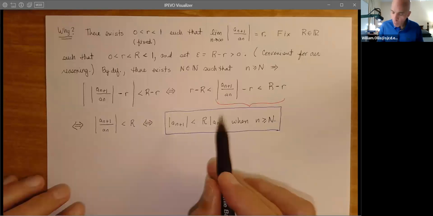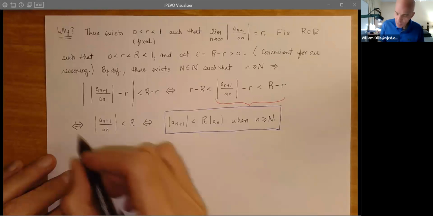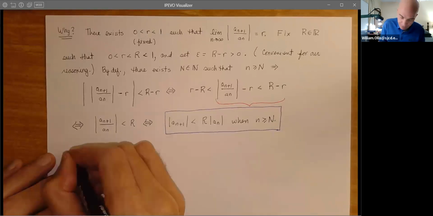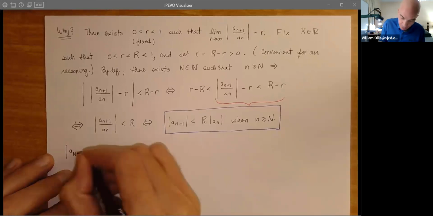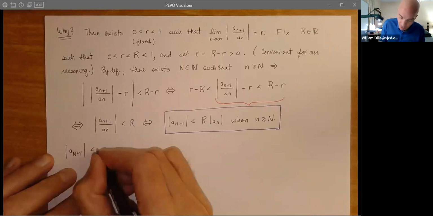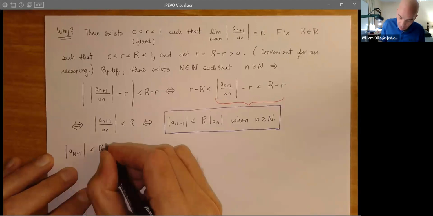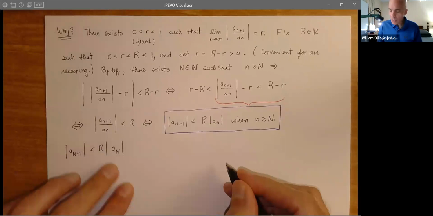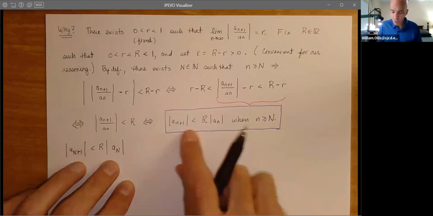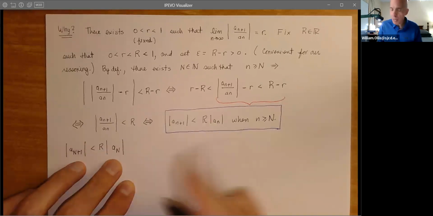So now we're thinking, okay, well, what does this give us? Well, a sub n plus 1 in absolute value is less than r times a sub n. Okay, well, Professor Ron, you just replaced n with big N. Okay, well, what about the next one?